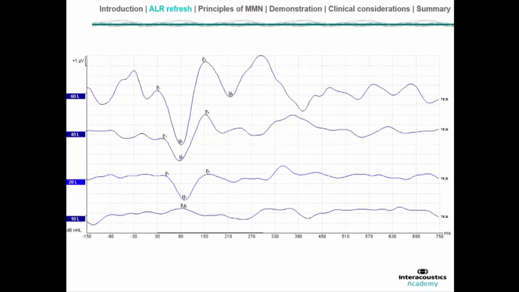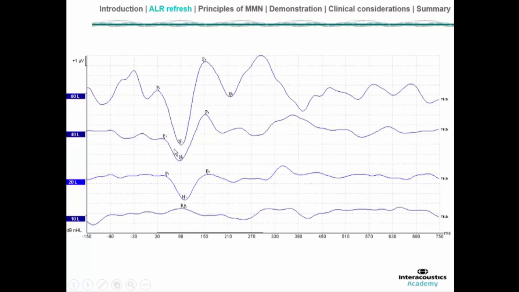What I'm displaying here is a screenshot, going back to that more typical clinical application of threshold estimation. What we're displaying is latency against amplitude, and we've got traces for 4 different sound levels: 60 dB HL, 40, 20 and 10.